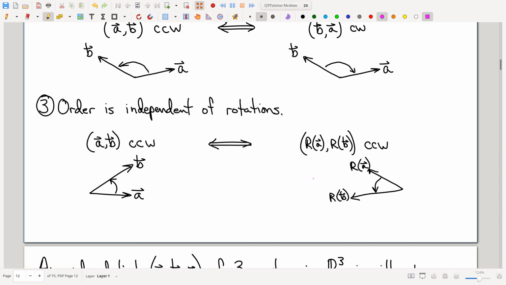So, for example, let's look at my watch here. On my watch, the hands go clockwise, right? Now I'm rotating everything. They're still going clockwise, right? So rotations don't affect a list. If you have a list and they're counterclockwise, if you rotate everything, it's still counterclockwise.